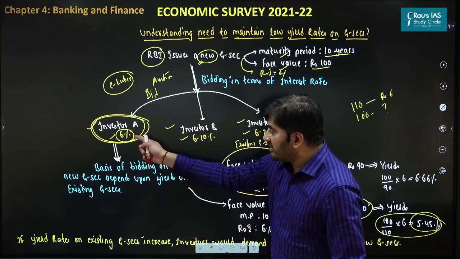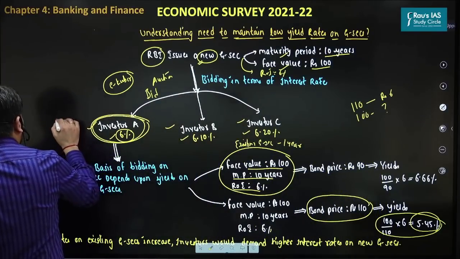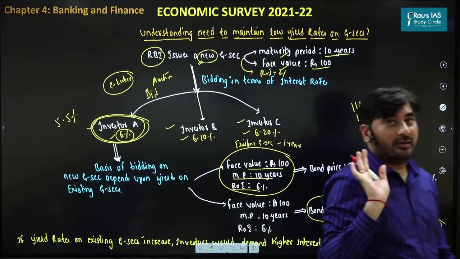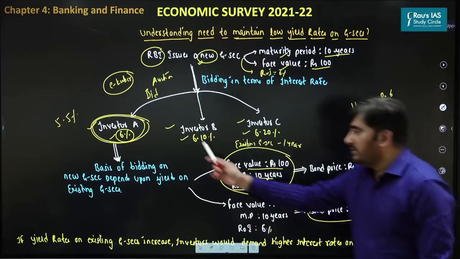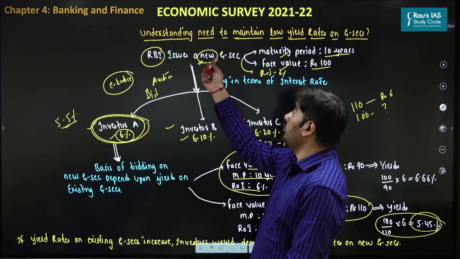Investor A will probably place his bid at 5.5%, for example. If the yield rate on the existing government security is 5.45, this investor will probably demand 5.5% rate of interest on the new government security.